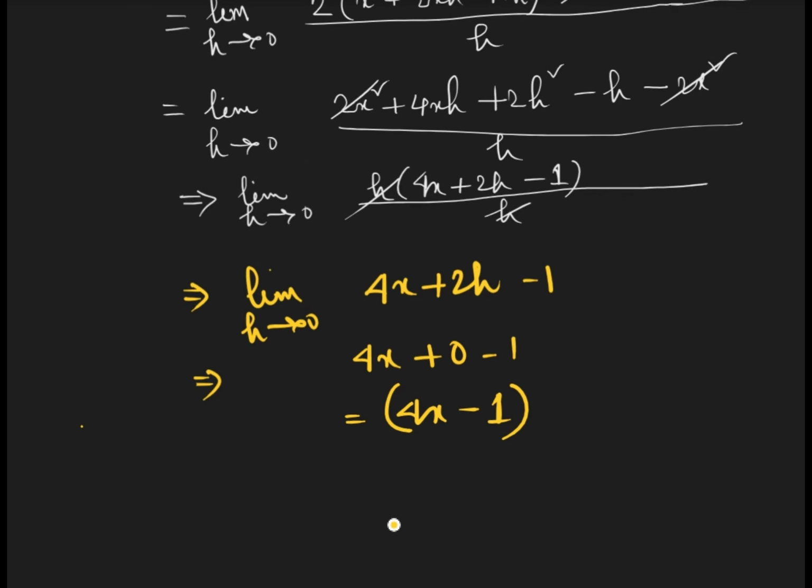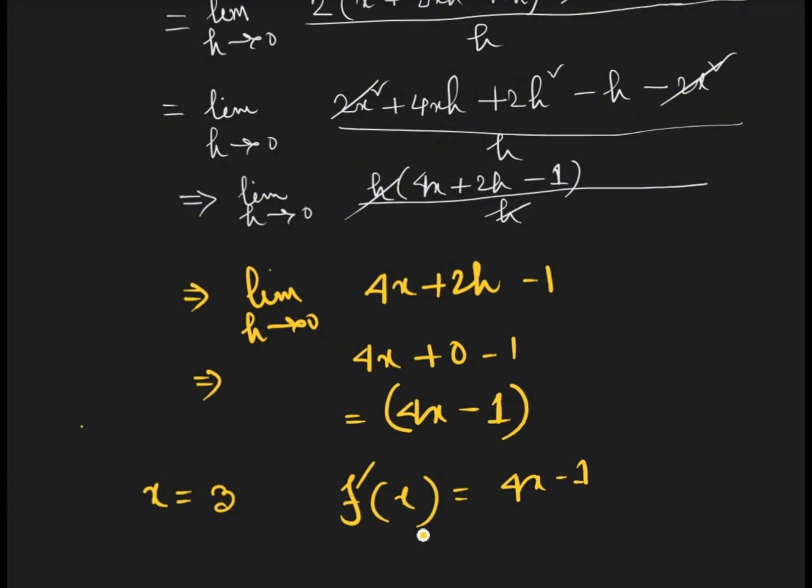If x equals 3, what will be the result for the function, by using first principle? So f prime of x is equal to 4x minus 1. This is our answer. Now instead of x, what do we have to use?